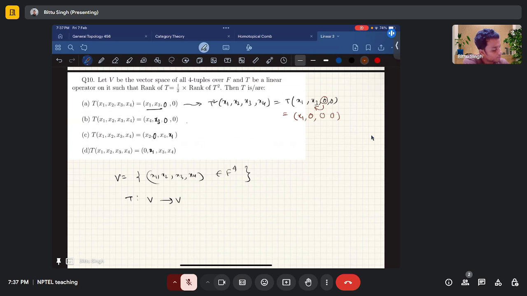Similarly, if we apply T again, what is T doing here? T is putting the fourth entry into the first place. So let me write it.